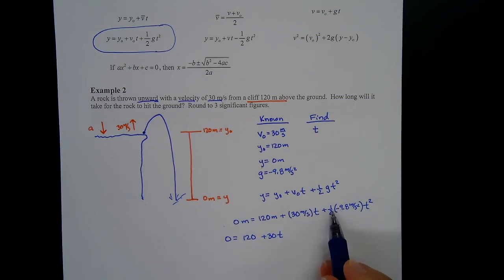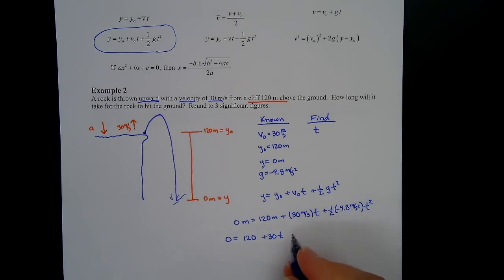We're multiplying, and a positive times a negative is going to be negative, and 1/2 times 9.8 is actually 4.9. So this is minus 4.9 t squared. So rearranging this, I really have negative 4.9 t squared plus 30t plus 120 equaling 0.